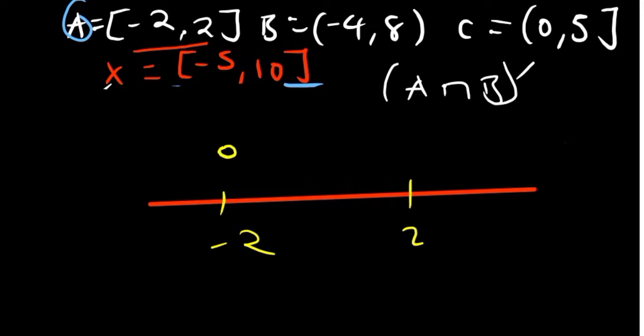Are we shading at the end or not? Then for our B, it's moving from -4. But this question was not well planned, because it's making people misunderstand some of the concepts. Okay, so we are from -4 up to 8.